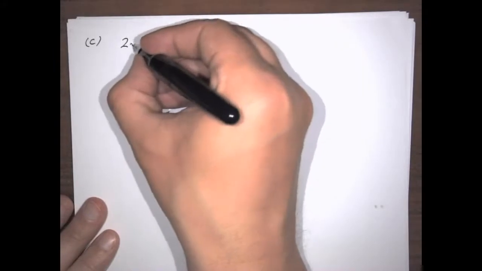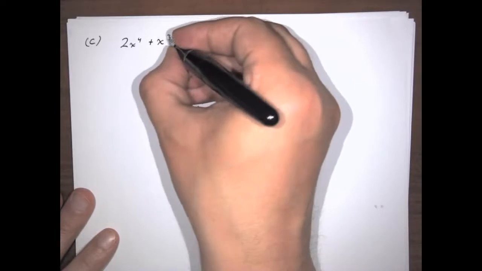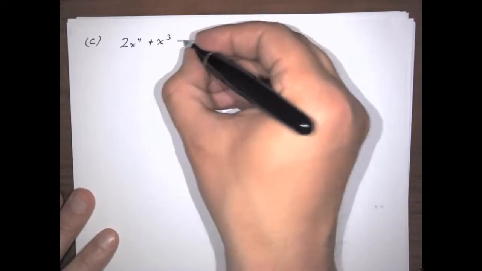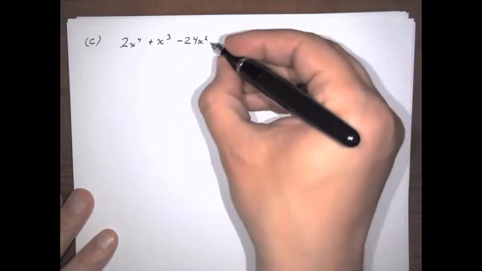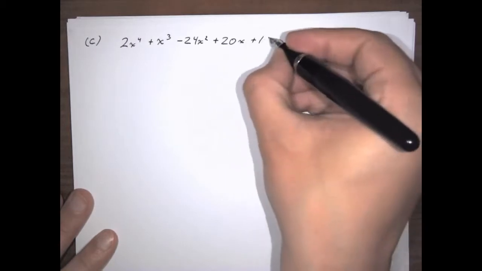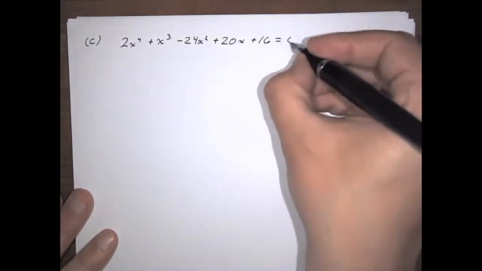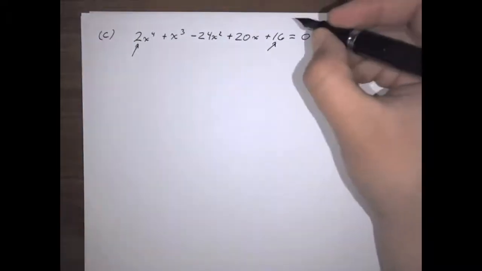So let's go with the last of these, C, which is going to be dealing with 2x to the 4th plus x cubed minus 24x squared plus 20x plus 16 equals 0. Okay, so there are what we're looking at.